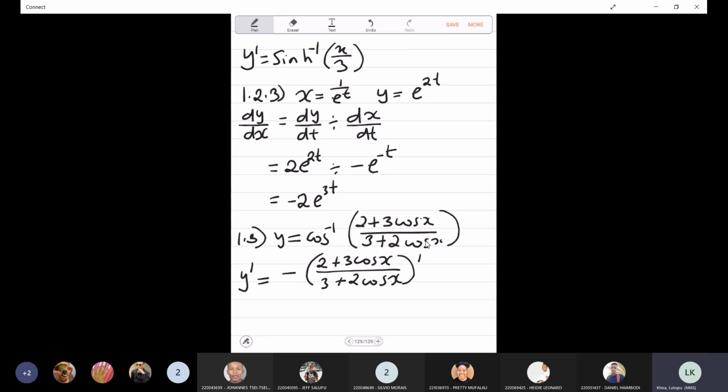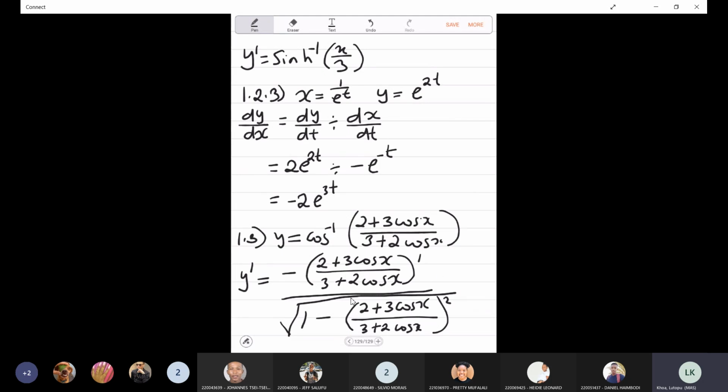Okay, and then the prime there says I must still differentiate it. And then in the denominator, we have the square root of 1 minus the same function squared. So this is (2 + 3 cos x) over (3 + 2 cos x) squared. So that is going to be our derivative.